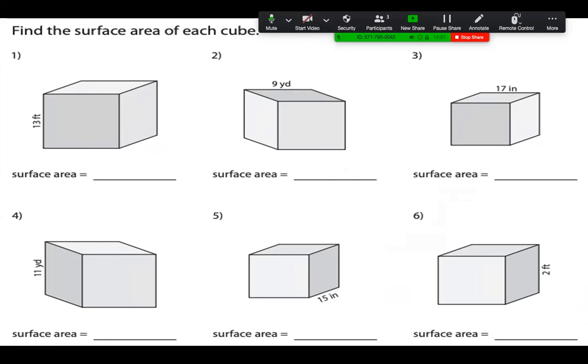Because it's very easy and simple. I want you to draw the cube on your paper. Write down the side length because I'll be watching you working it out. Okay?